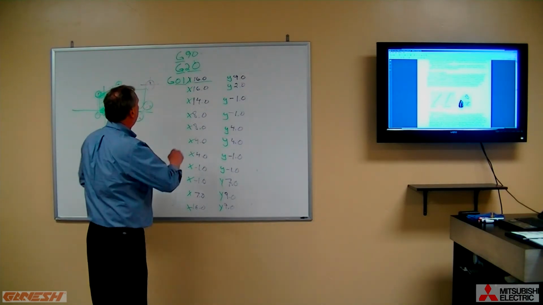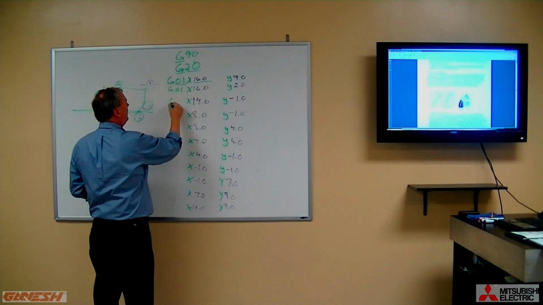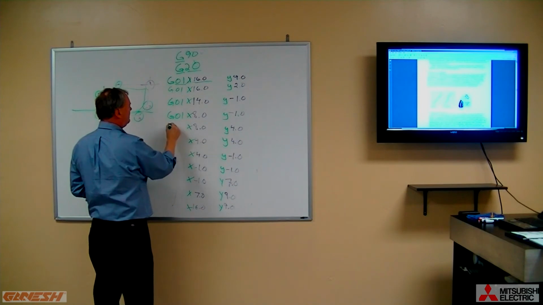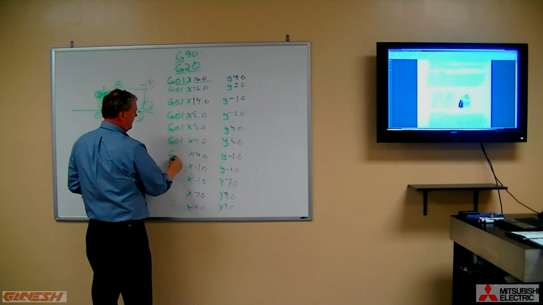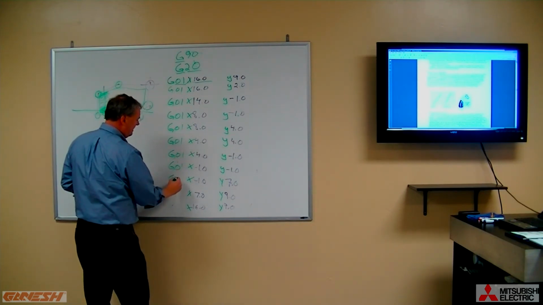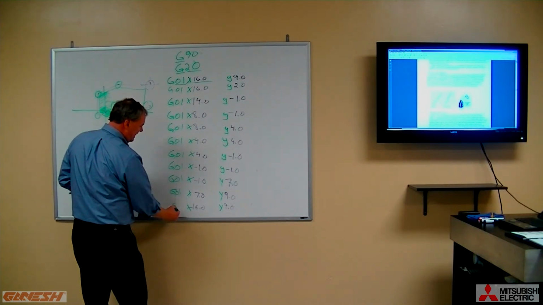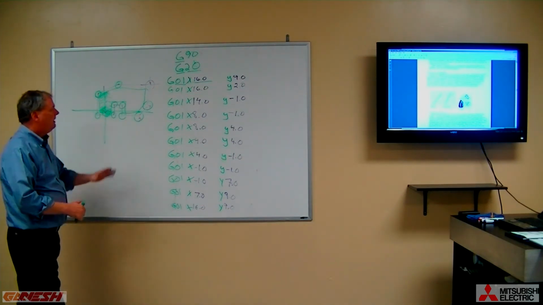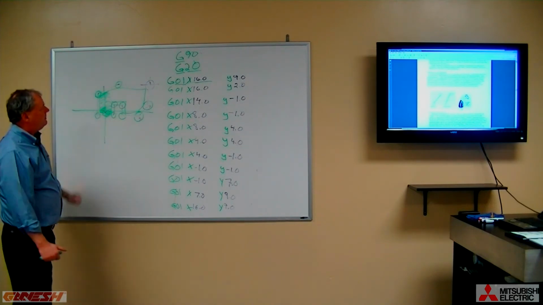This then becomes what we call a linear interpolation move, meaning the axes are moving in straight lines, and I'll just put a G01 in front of each line to remind us that we're telling the control to move at a slower, predetermined feed rate. We don't want it to rush at a rapid travel through there.